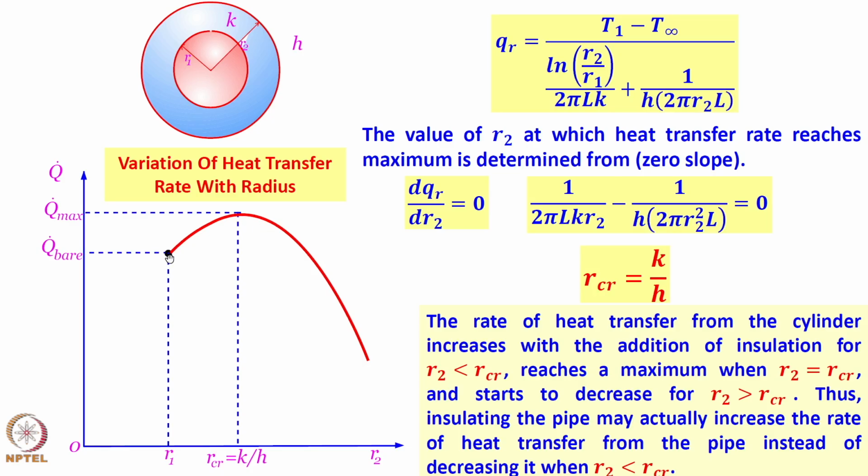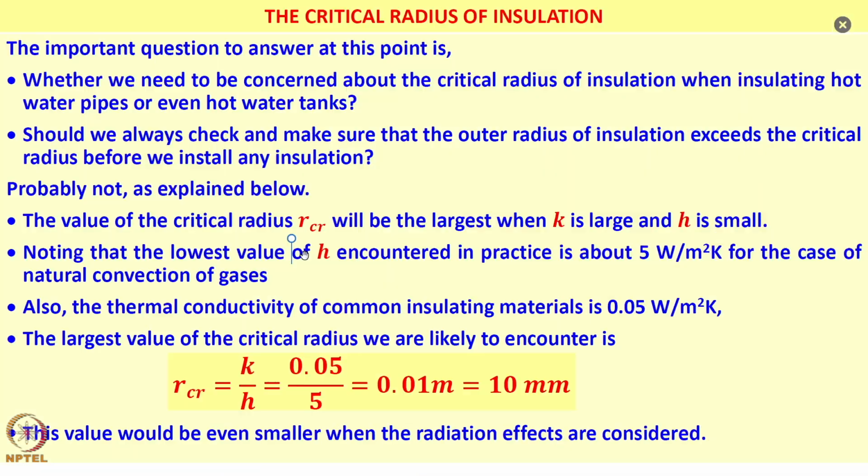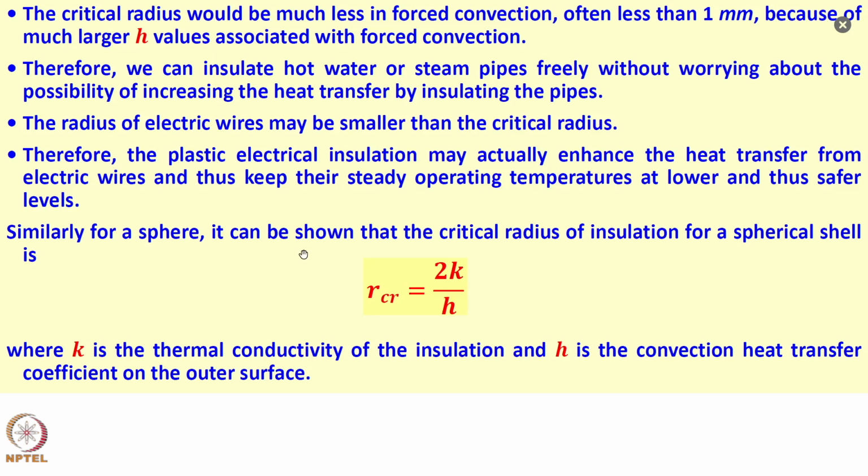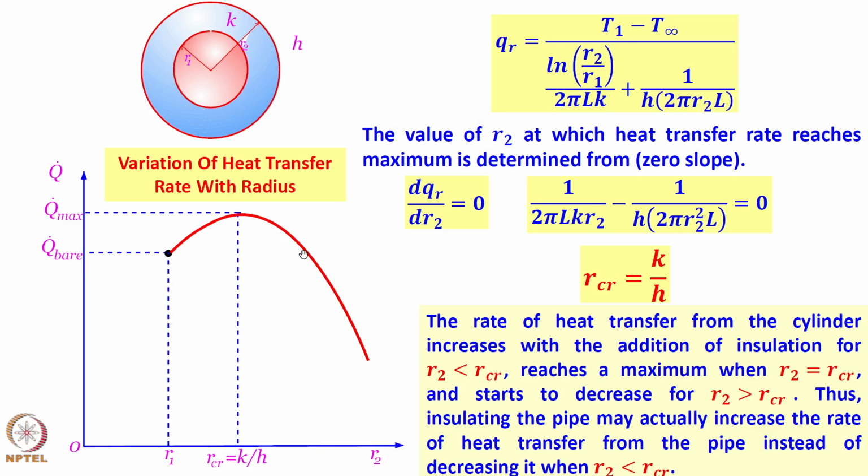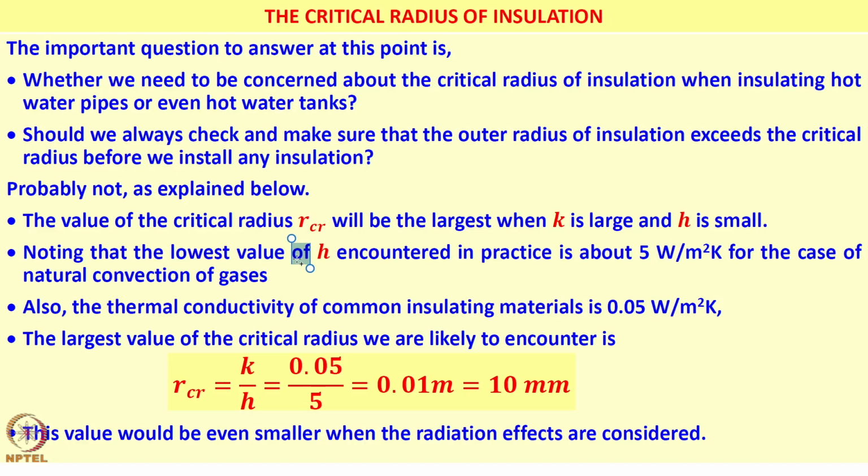But if I want my Q after insulation to decrease, I should cross this corresponding path and be in this region so that my heat transfer decreases. So, we can't just add some insulation and say it is going to decrease the heat transfer. That will not be the case. We have to cross a certain critical thickness, beyond which the Q will actually decrease.